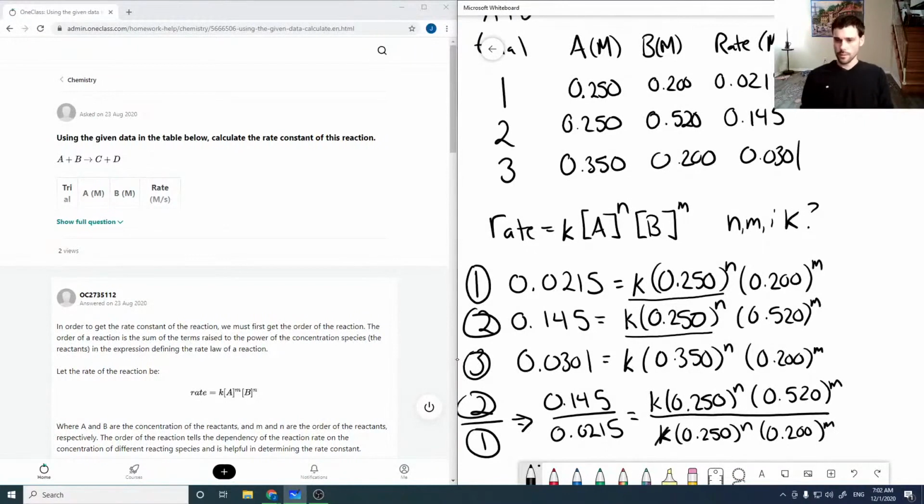And so we can see that the K's will cancel, the 0.250's to the N will cancel, and all we're left with is the M powers.